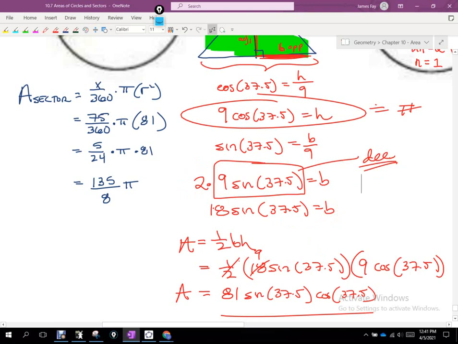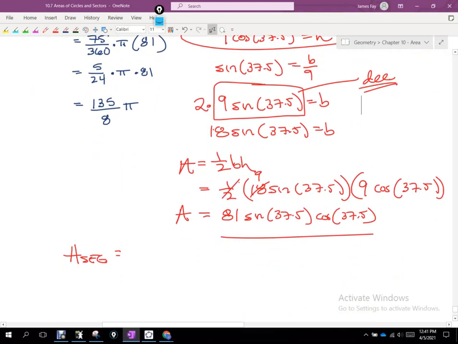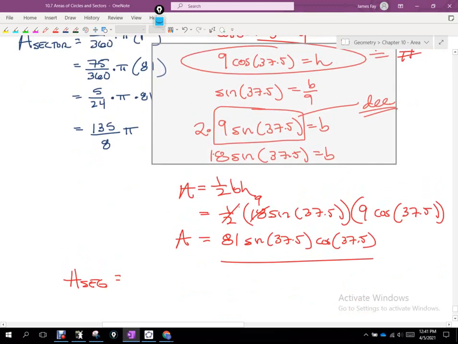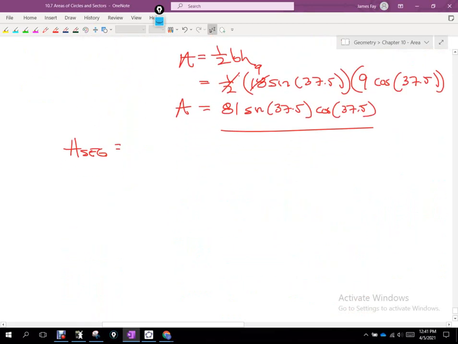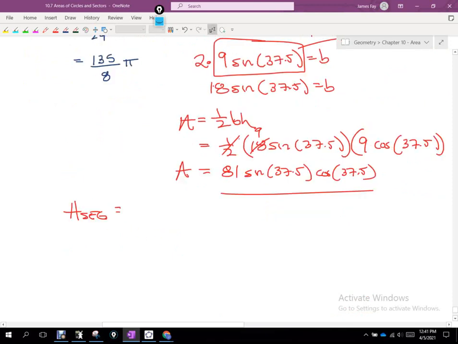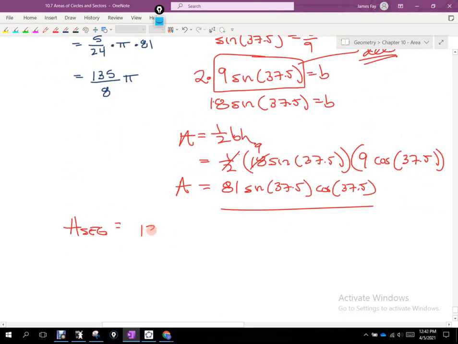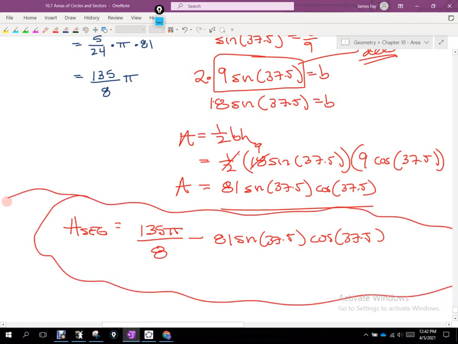But what that does, when I round those and I start plugging those into this formula here, I compound the error that I generated when I rounded them up here. And I just want to be cognizant of that and try to avoid it. When I write this answer as 135 pi over 8 minus 81 sine of 37.5 cosine 37.5, there is not going to be a single problem that asks you to write your answer that way, but that is the exact answer because none of those values have been rounded.